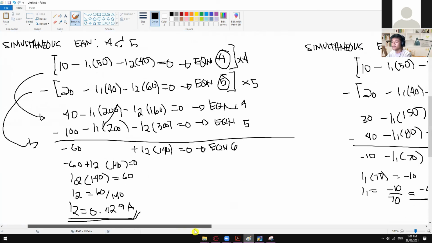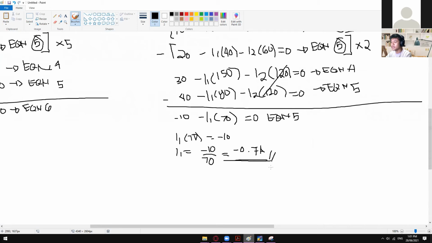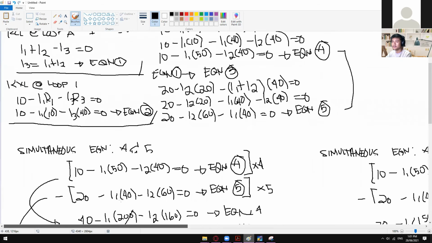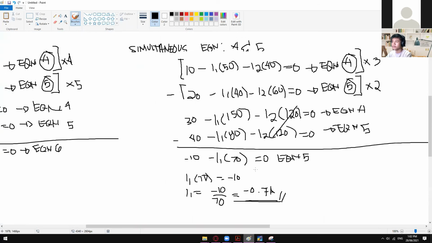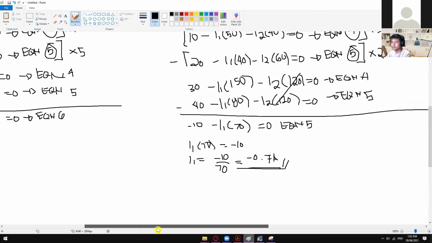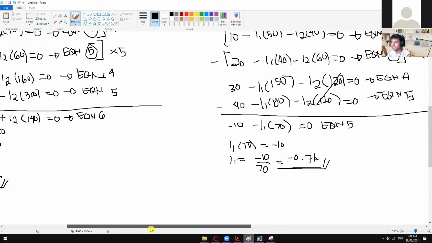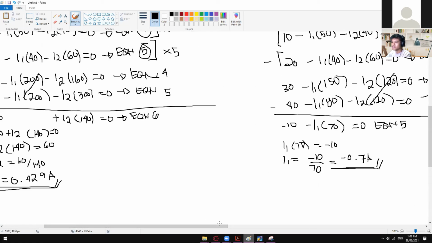So in here, if you've got a result of negative 0.7, then this one is still correct. Just make this one positive and then just change your polarity from counterclockwise into clockwise. Okay, so no need to worry if you've got a negative value. It only means that you have an incorrect assumption of loopings. Okay, so are we clear so far on how we got the value of I2 and I1?